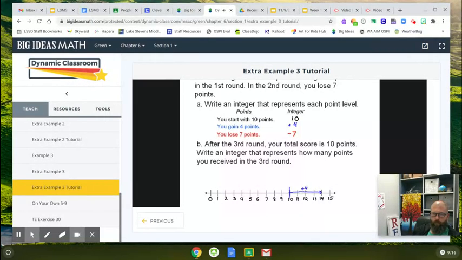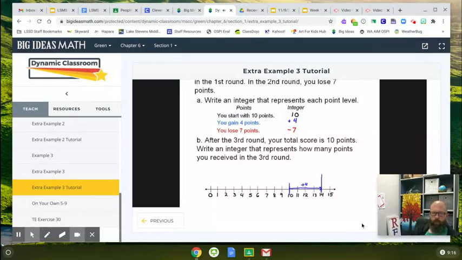This is a negative number, so let's move to the left 7 units. 1, 2, 3, 4, 5, 6, 7. This brings us to 7. After the second round, you have 7 points.